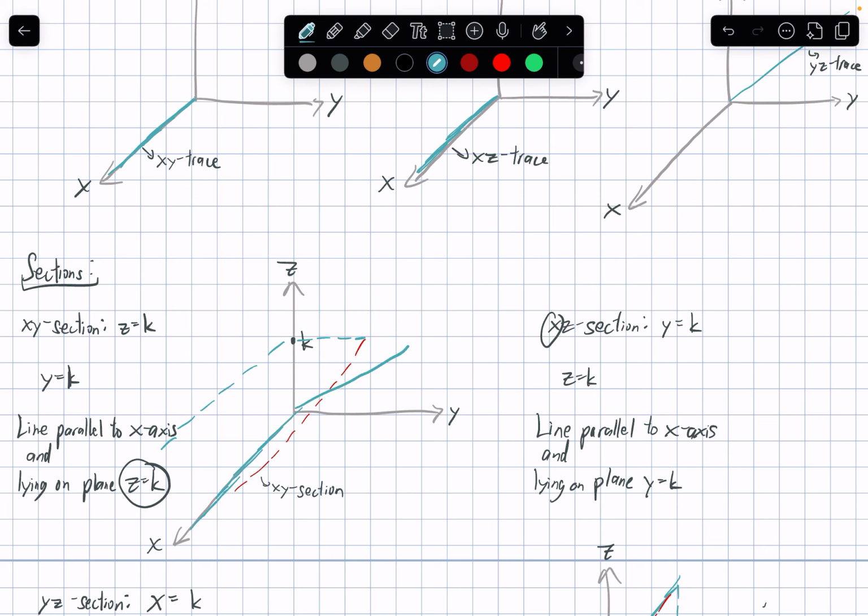How do I show that properly? Okay. It has to show that it's parallel to this line, which is also parallel to this.